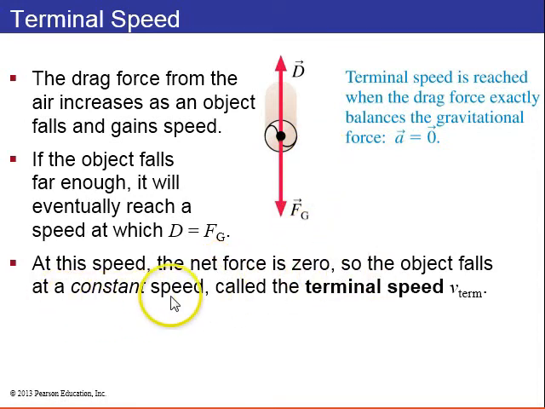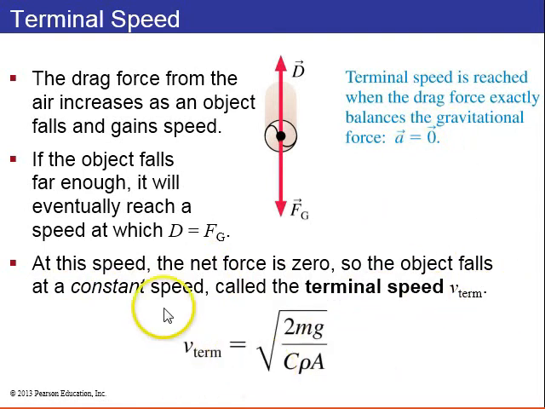Now the object is falling at a constant speed, which we call terminal speed. Acceleration equals 0. And if you solve the equation for drag force equals mg, the force of gravity, you find the terminal velocity is equal to the square root of 2mg over c rho a.